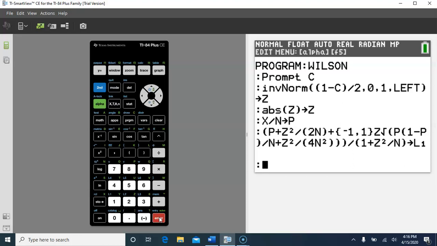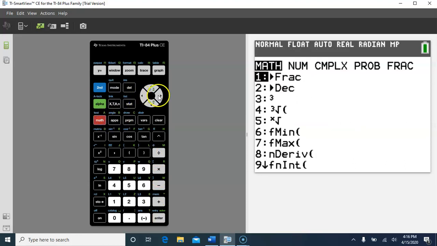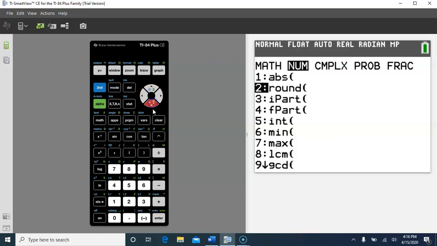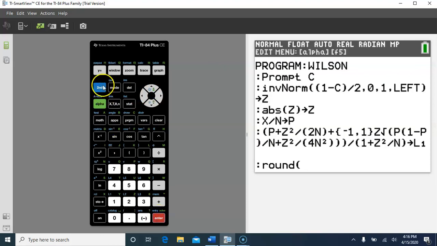Now, to make the decimal numbers a little bit easier to read, we're going to round off both of those endpoints. So what we're going to do is math number round. We're going to round the contents of list 1, second and the number 1, to 4 decimal places, and then we're going to store that back into list 1.